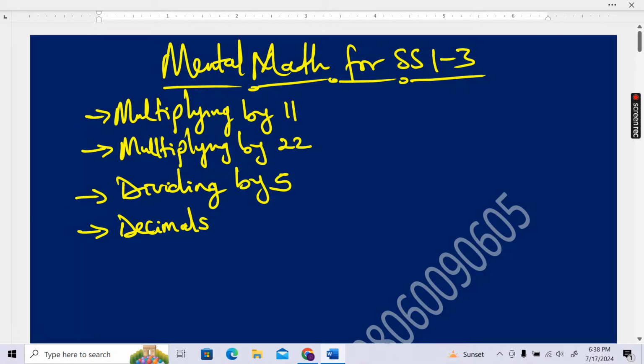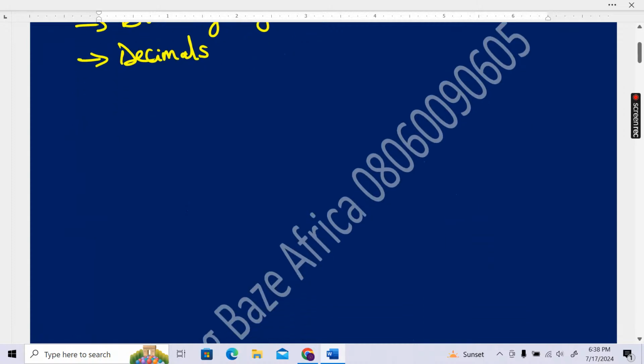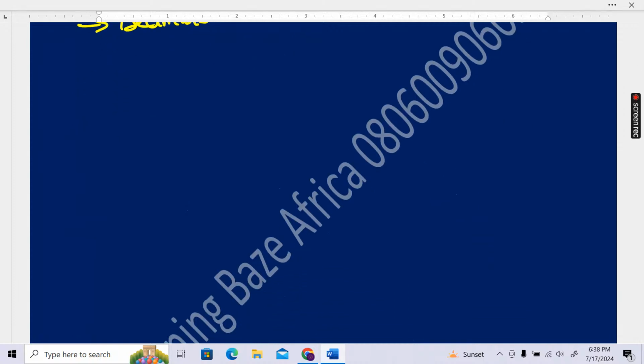Let us continue by looking at decimals. Decimal is a topic that cuts across lots of concepts in mathematics, all right? A decimal number is a number that has a decimal point.